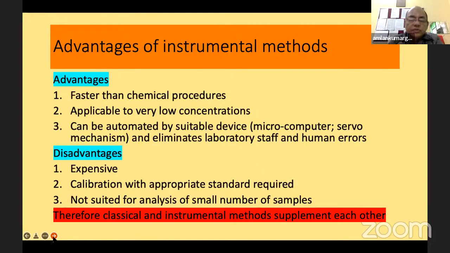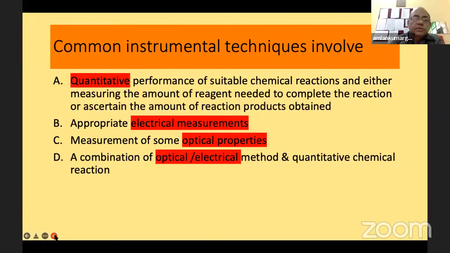It is a wastage of money. So if you have a large number of samples, that is suitable. Hence, normally in our laboratories, we combine both these methods, classical and instrumental. Because they supplement each other, we don't require instrument methods always, and we cannot do everything using classical methods, and hence a mix and match of instrumental and classical methods is preferred.